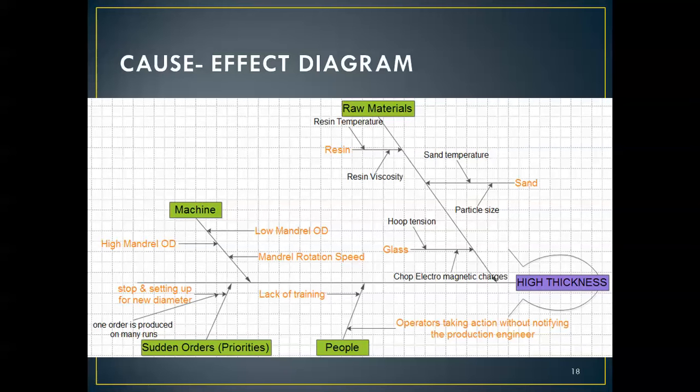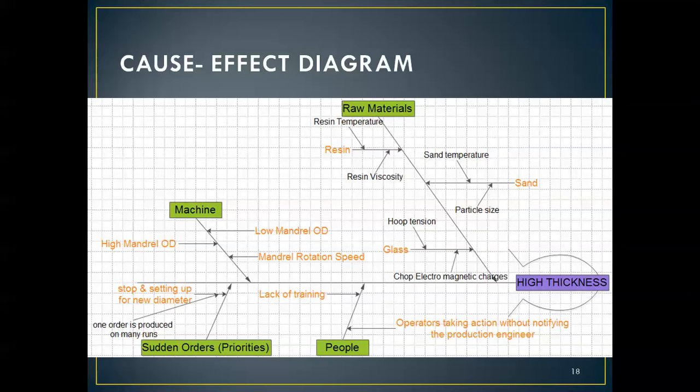For example, when the viscosity is high, we need more resin consumption. Also when the resin temperature is low, we need more consumption. For sand, temperature will play a main role, and sand particles also will play a major role. When we have, for example, small sand particles, the resin consumption will be more.